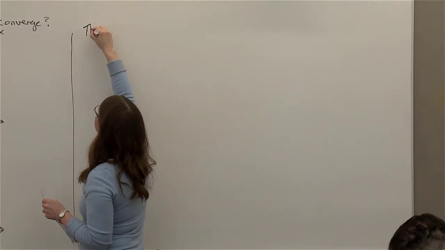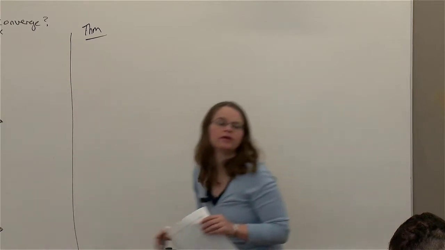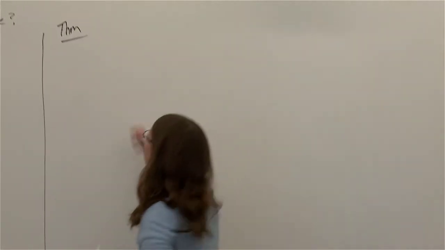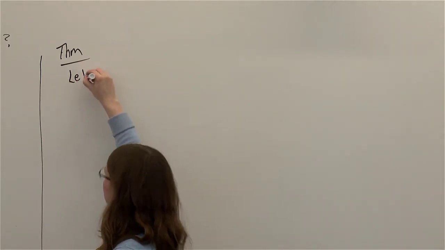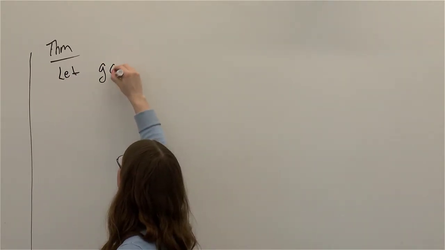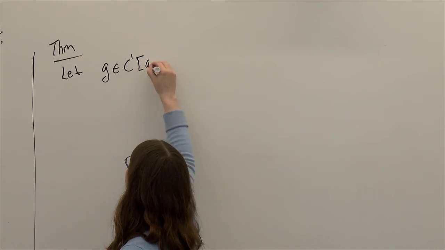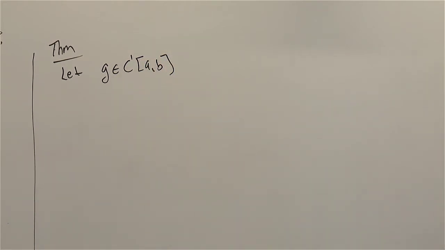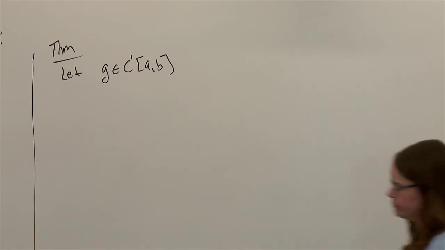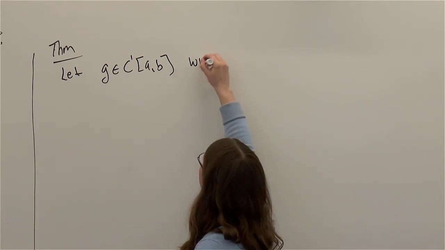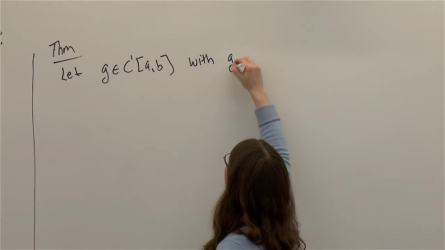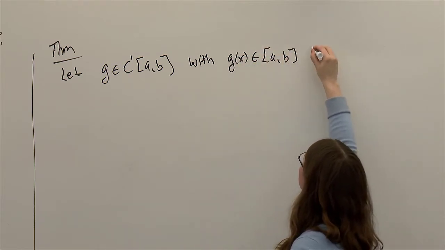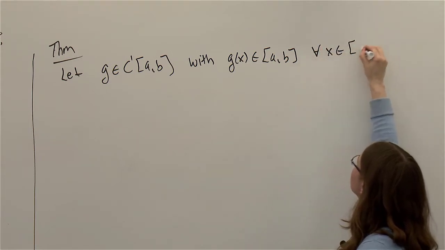Okay, so again, I'll write down the theorem. You basically already have all the information you need to write it down. It's the same hypotheses that we had before. So let's let g be a C1 function. Okay, we care about derivatives. We know we care about derivatives here. With g of x taking its values between a and b for all x living between a and b.